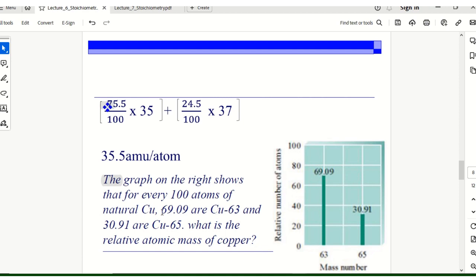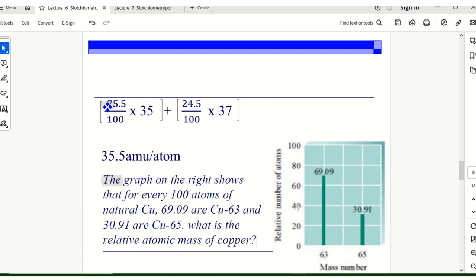You see here 69.09. This is your abundance percent. So you can use the same things we've done here. This is your guide, remember, on top here. Just do the same things and calculate the relative atomic mass of copper.